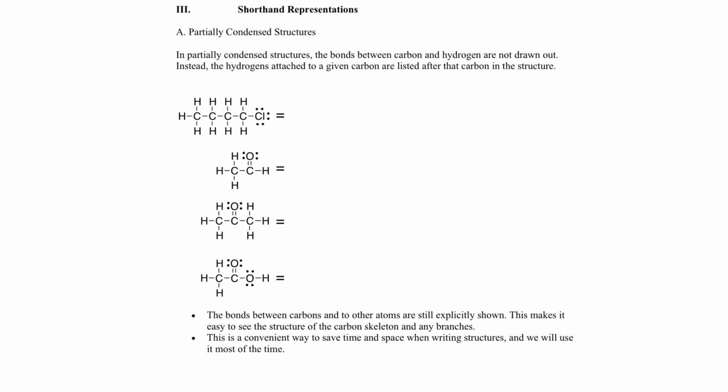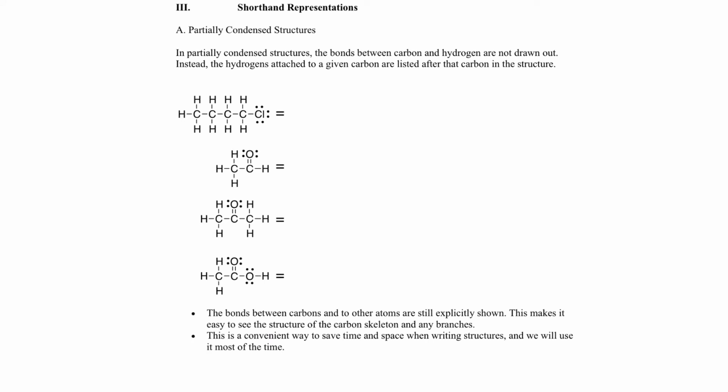Going into part 3, shorthand representations, you need to know that organic chemists are very lazy people. If we can save some time to draw a structure in a much more efficient way, we're going to. So that's why we have quite a few different ways of drawing structures efficiently.